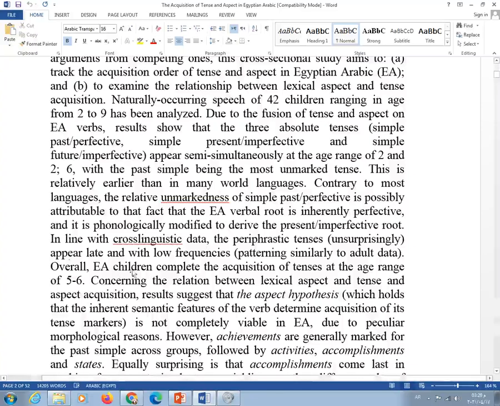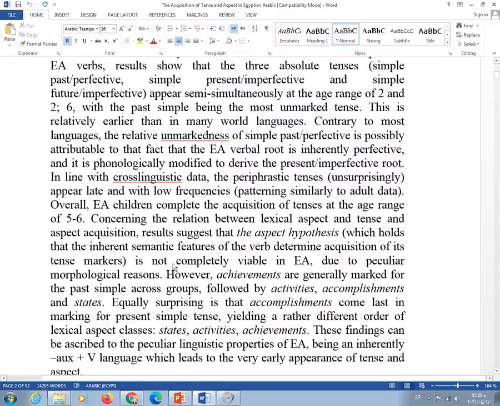We find also that we have another term here, which is called the aspect hypothesis, which says that semantic features of the verb determine acquisition of tense markers. This is completely viable in EA due to peculiar morphological reasons.